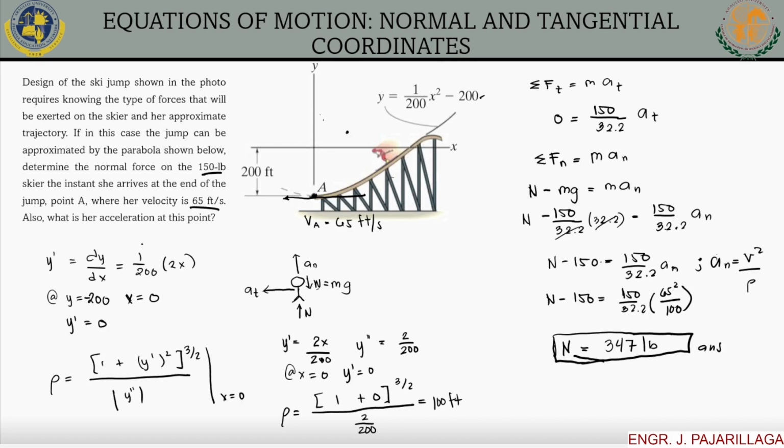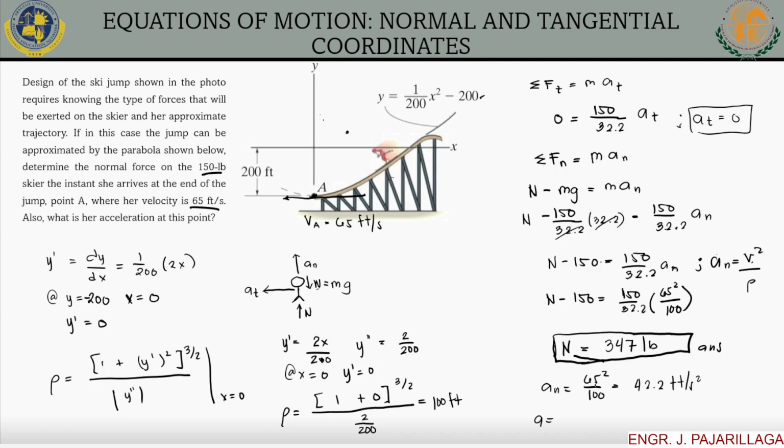And then, the second question is the acceleration at this point. Okay. So, we all know that our tangential acceleration is 0. Okay? So, a_t now is equivalent to 0. From here, our a_n, babalik tayo dito. We have the value of v, we have the value of rho. So, that is 65 squared over 100, which will give us a value of 42.2 feet per second squared.